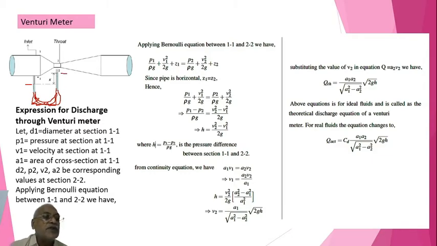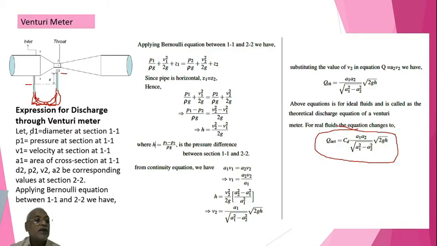Here the pressure is more, because of that the mercury is being pressed down, and here mercury has gone up, in the sense the pressure at point 2 is less, but the velocity at 2 is quite larger. That is because total energy at section 1 should be equal to total energy at section 2 because of Bernoulli's principle. We'll apply that principle and see how we can get the final expression of actual discharge.